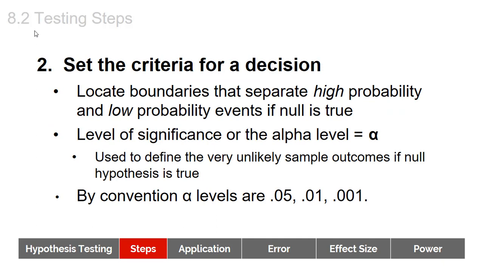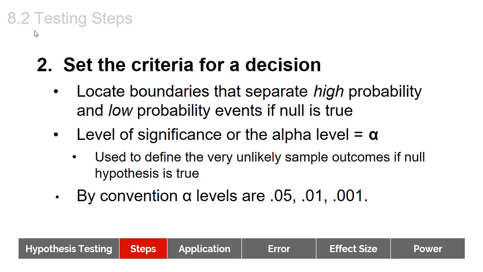So the next thing we're going to do is set a criteria for making a decision about those mean differences. So we're going to locate boundaries that separate high probability and low probability events if the null is true, if it is true that there is no difference between the sample mean and the population mean. So this is going to be something new that we're going to introduce.